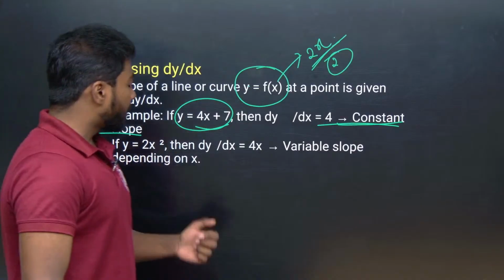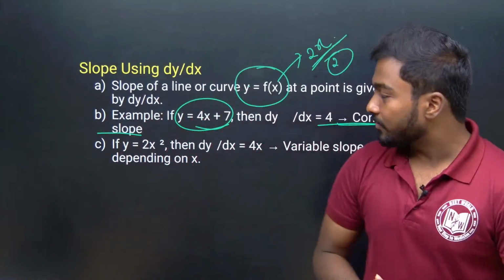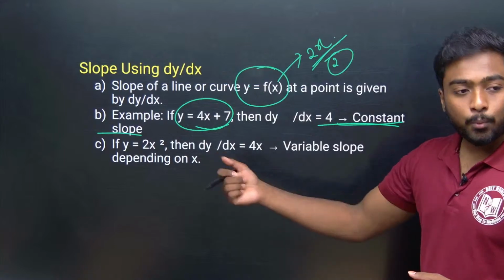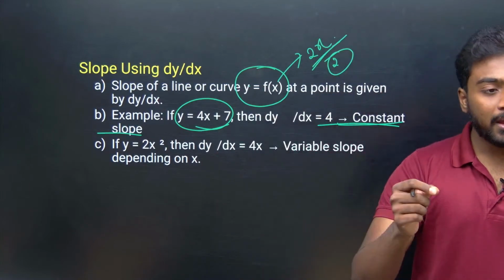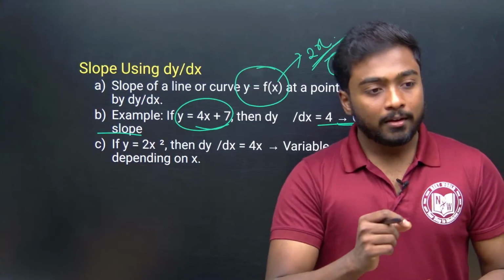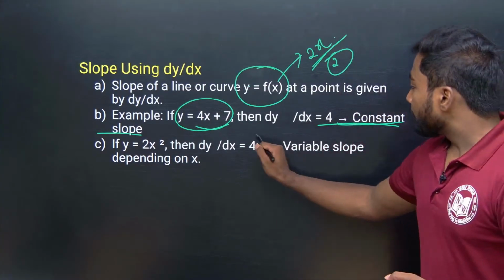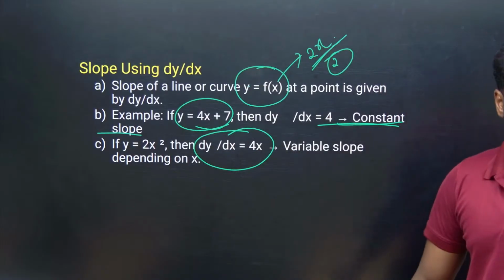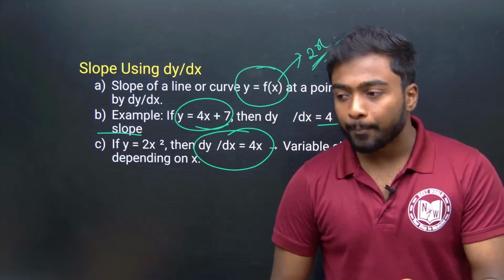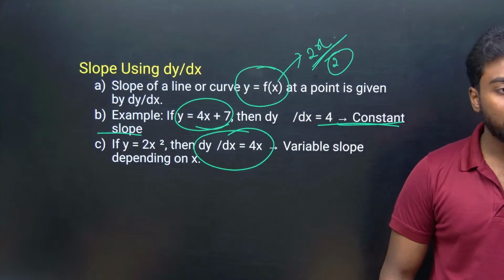Next example is y equals 2x square. If I differentiate that, what will I get? 4x. So if I put a value for x, dy by dx will change. So it's a variable slope, depending upon the value we give for x.